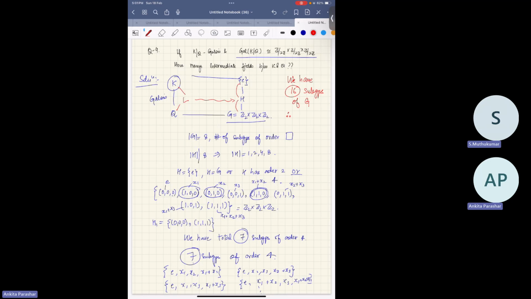Therefore, when they ask for intermediate fields, you will have to count K and Q both, right? Exactly. So adding K, Q and all such fields, the number of such fields is a total of 16. Yes, this symbol is for the cardinality of the set.